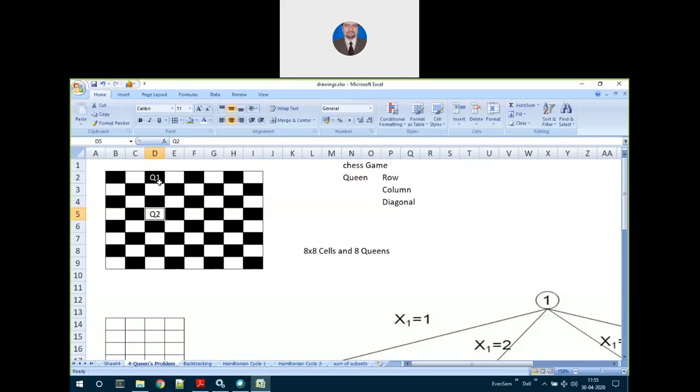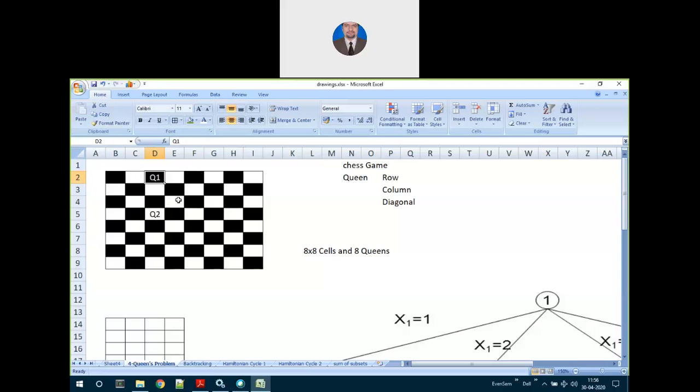Now queen 1 and queen 2 are in the same column. When they are in the same column, basically both the queens are in an attacking condition. One of the queens may dismiss the other queen over here. So that is the problem in the n queens problem.